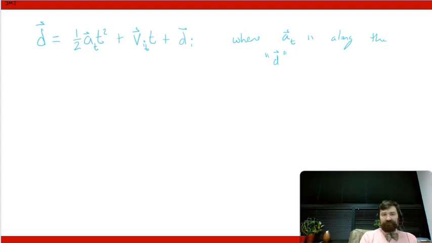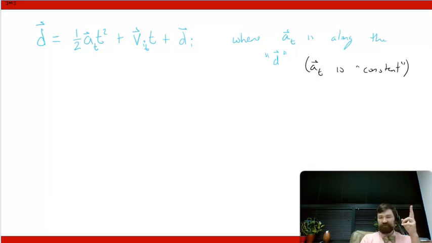Okay, if this is true, and note that we have to assume that a_t is constant, and I use quotation marks around that because, again, the direction is changing according to xy, but it's constantly pointing along the tangent of the circle.